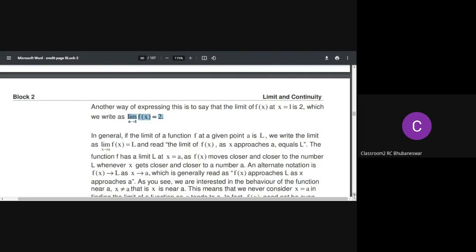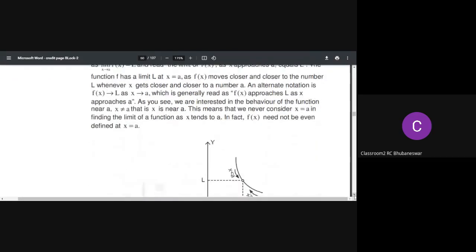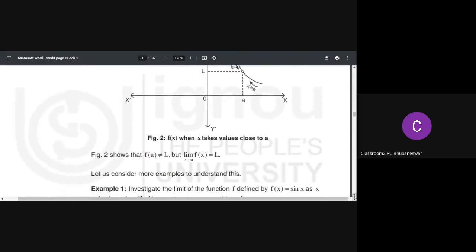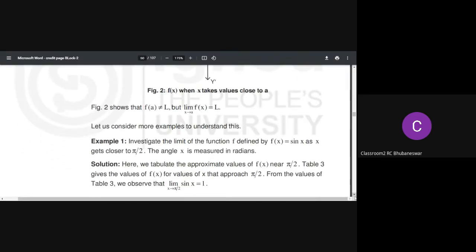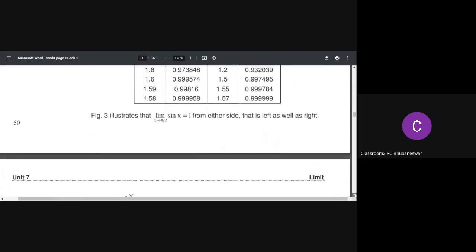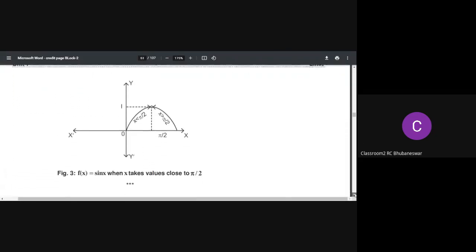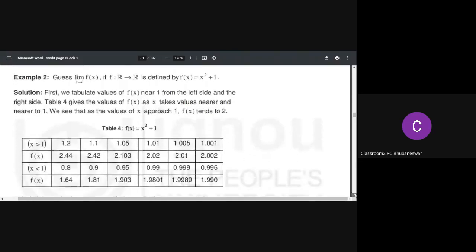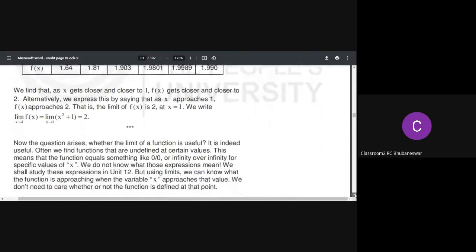Now the same idea will be extended in the form of formal definition in mathematics. And the formal definition is also known as epsilon delta definition in mathematics.